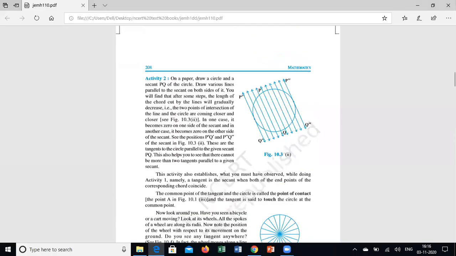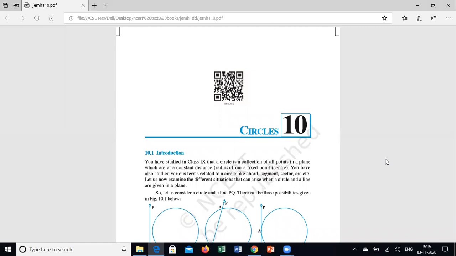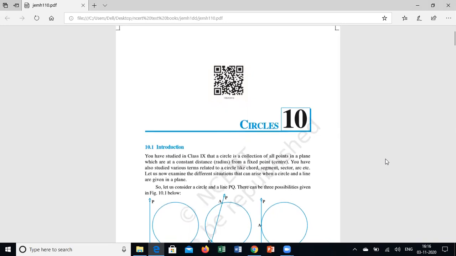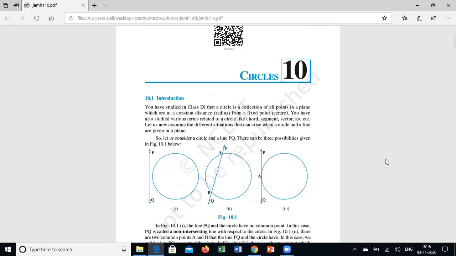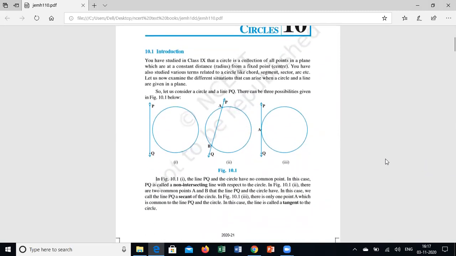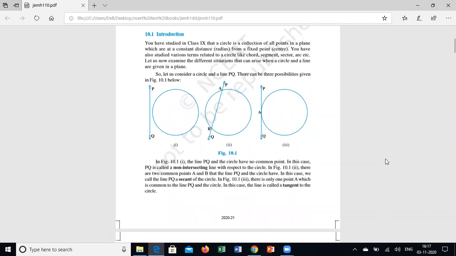Look into the screen and let me explain any other definitions we'll have.